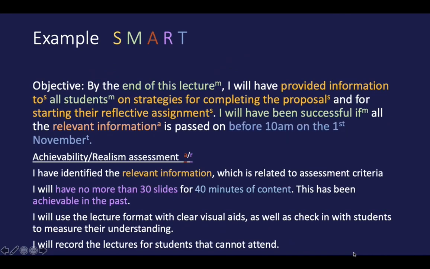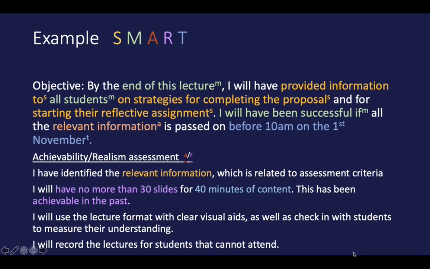What I've done is given an example here. So by the end of this lecture, okay, that's the measurable bit, I will have provided information to, okay, so that's the specific elements, all of the students, again, measured, on strategies for completing the proposal, the assessment, and for starting your reflective assignments.